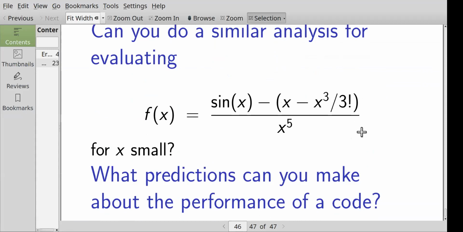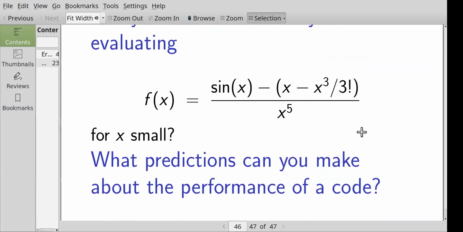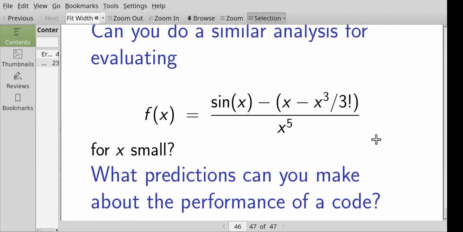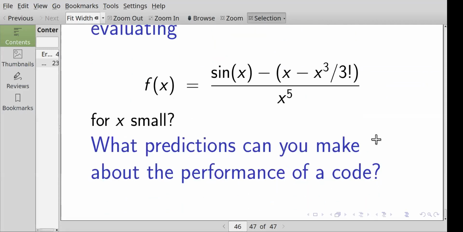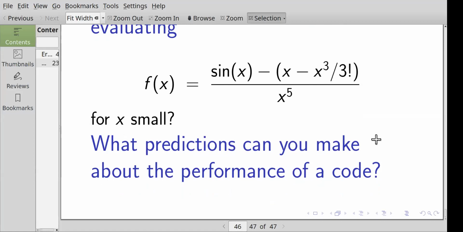So you should be able to work out what result it should give you for very small x. And your analysis should tell you how good the results are likely to be.